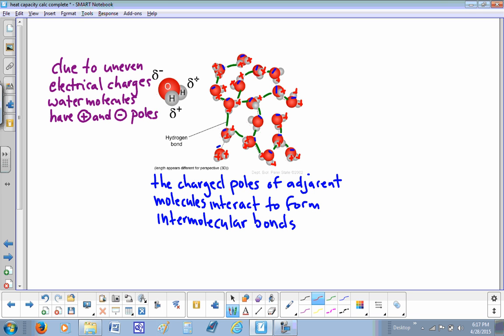This results in positive and negative ends, and the interaction of these charges causes quite strong attractive forces. And therefore, it's quite hard to make these molecules move. So if you want to increase the temperature, the EK, and move these particles, it's hard. They're locked in place pretty well with these strong attractive forces. So to overcome the forces requires lots of energy, and hence the large heat capacity of water.